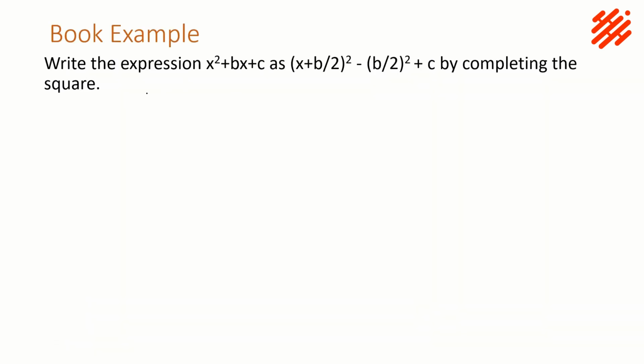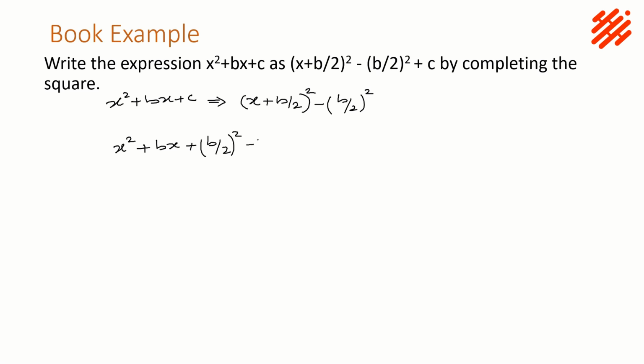Let us start once again. We need to write the expression x square plus bx plus c as (x plus b by 2) whole square minus (b by 2) whole square plus c. Starting with the standard form x square plus bx plus c, we add half of the term b squared and subtract half of the term b whole squared, and we have the constant c also.